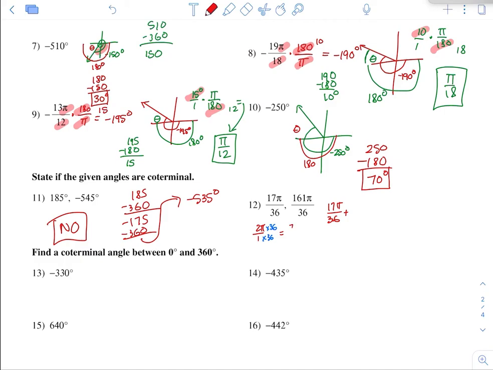So that would be 72 pi over 36. So if we keep adding 72 pi over 36, that's adding 2 pi. We add that and get 89 pi over 36. Still not 161, so let's add another 72 pi over 36, since that's the same as adding 2 pi. And we get 161.